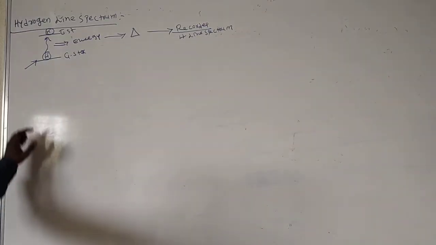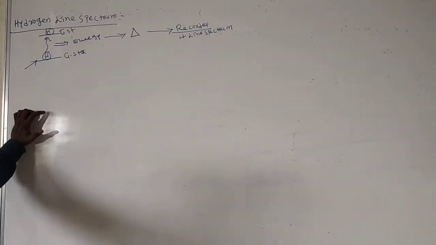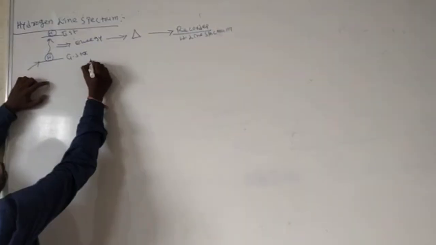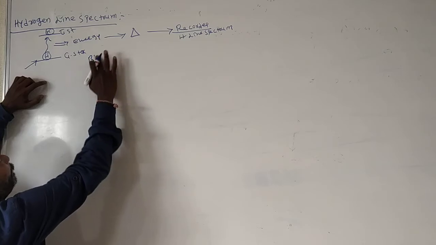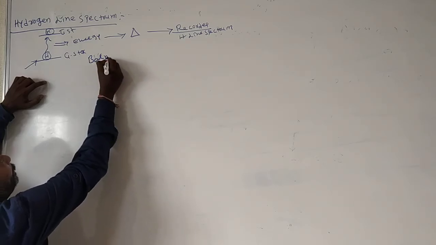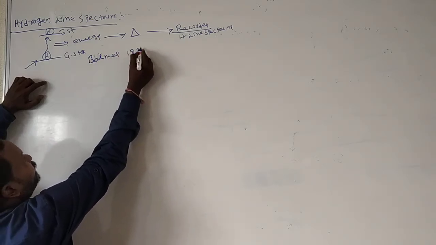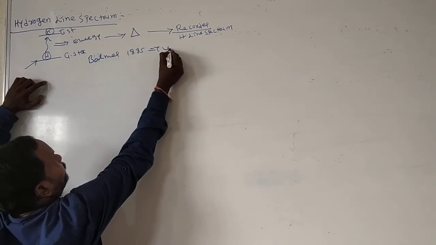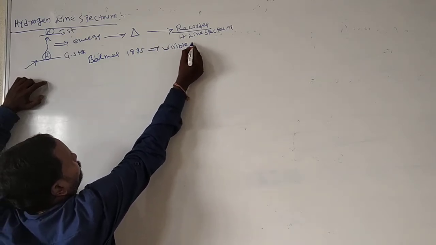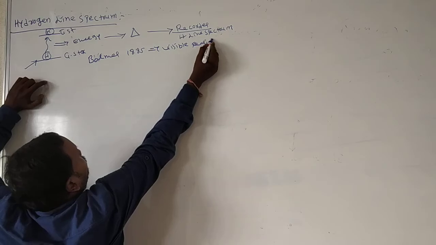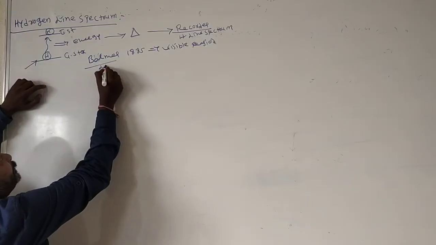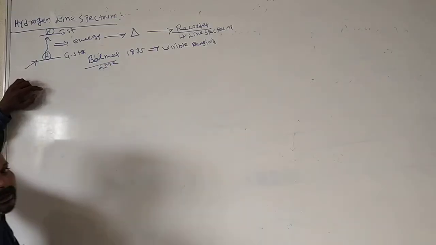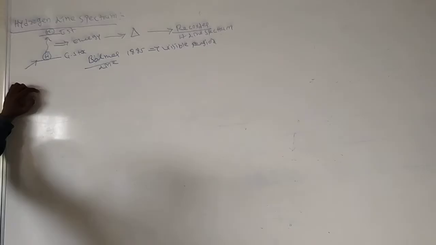The first line of the hydrogen spectrum was observed by Balmer in 1885 in the visible region. That spectrum is called the Balmer spectrum or Balmer lines.